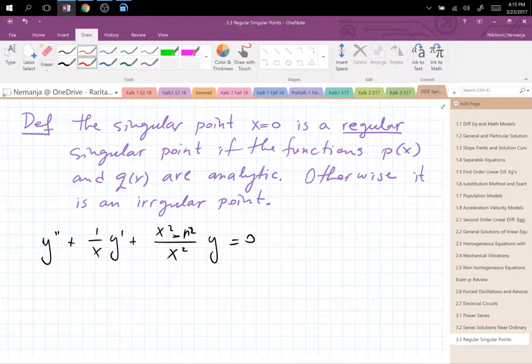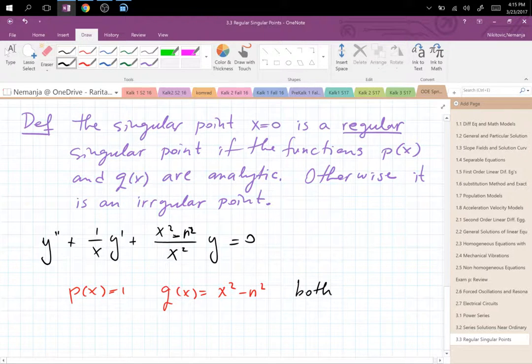So in this case, and I'll write it in blood, p of x is equal to 1 and q of x is equal to x squared minus n squared. So both of these are polynomials. Both of these are behaving nicely. So at x equal to 0, we have what we call a singular point, or regular singular point.